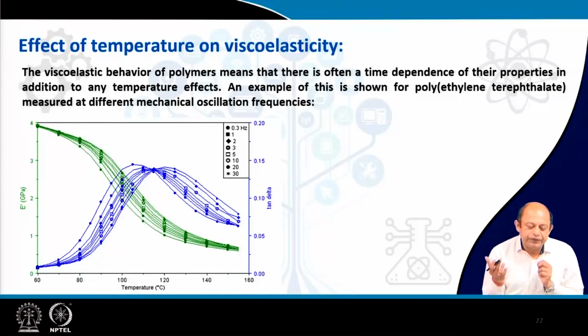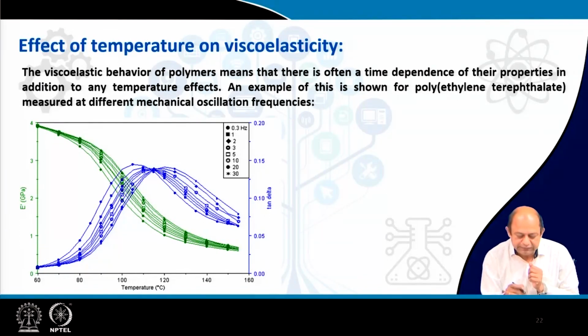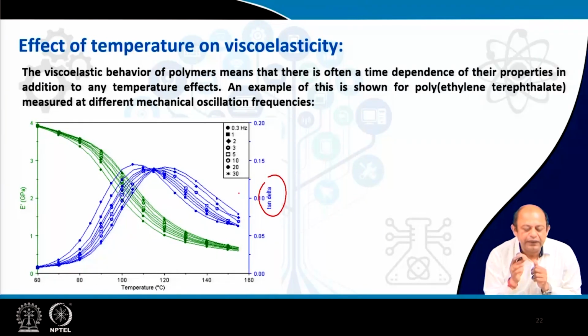So, effect of temperature on viscoelasticity: you can take either storage and loss, or storage and tan delta, all the way the same. This is essentially a ratio. If you try to monitor the viscoelastic behavior of a polymer, there is often a time dependence of its properties in addition to any temperature effects.